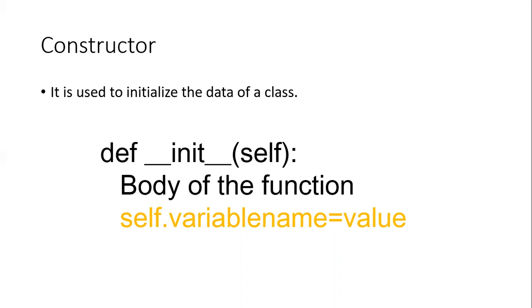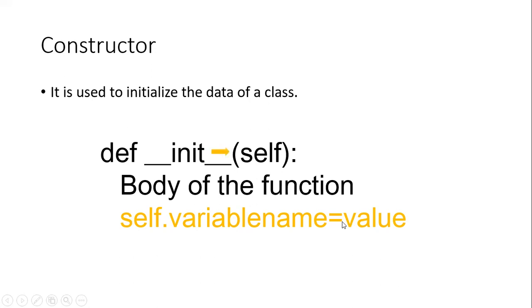With that, you can also pass some relevant parameters. This is the function body, and if you have to define some variables over here, you can easily do it. But with self, you can associate the properties of the data with a particular object by passing some values.